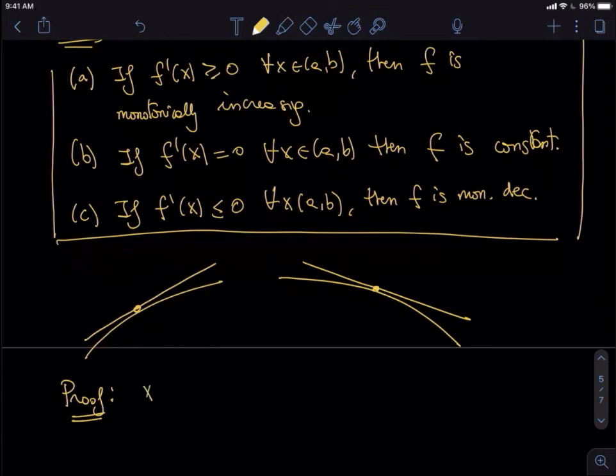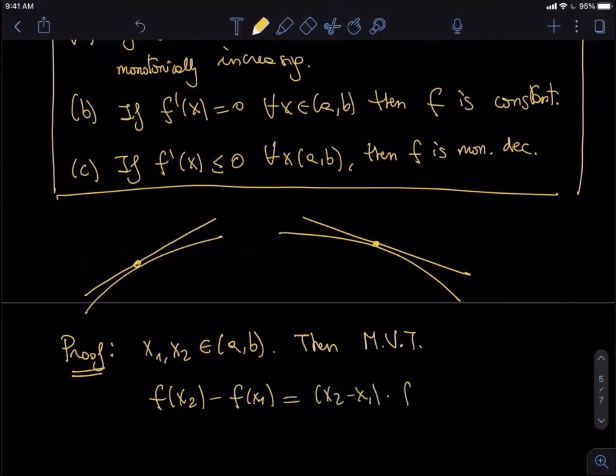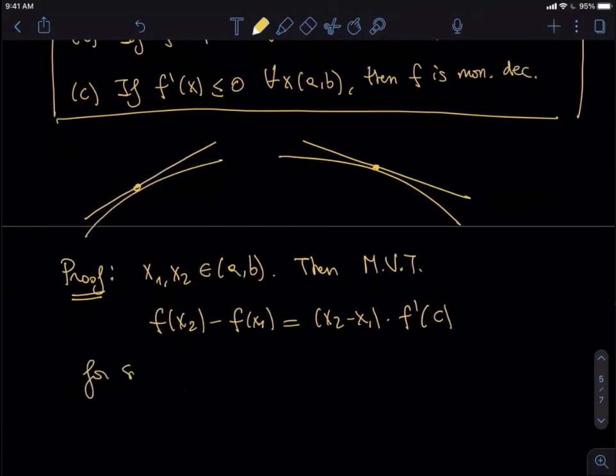Just take a pair of numbers, x1, x2, in the open interval, and then the mean value theorem is going to tell us that f of x2 minus f of x1 equals (x2 minus x1) times f prime of c for some c in (x1, x2).